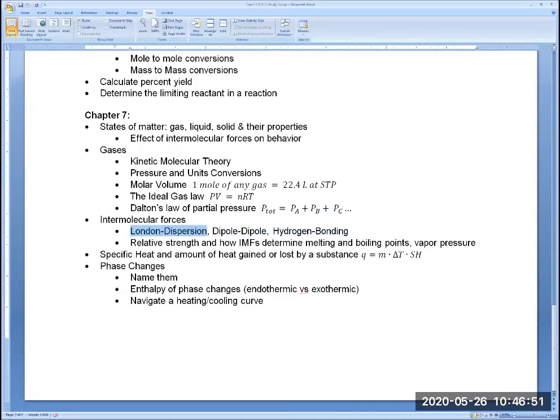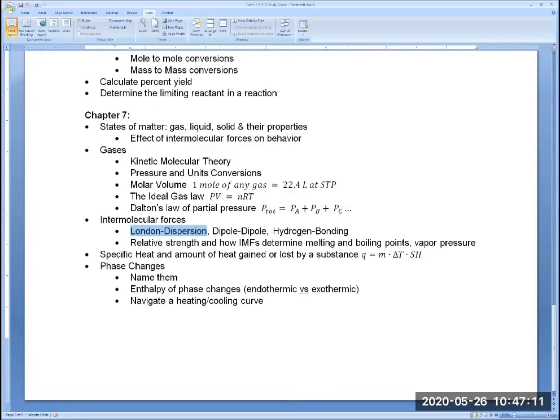So sometimes you are asked to put them in order, or to understand which molecule will experience the strongest intermolecular forces. And why is it important? Because those forces determine your boiling point and melting point.